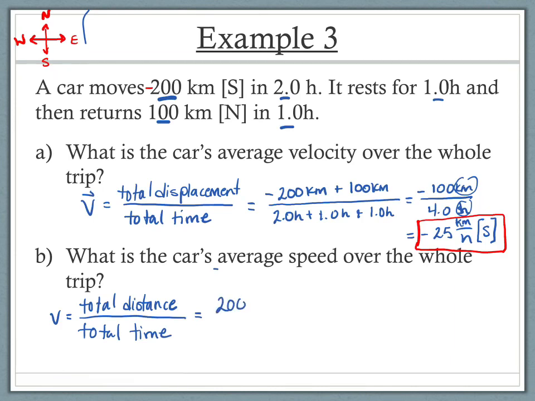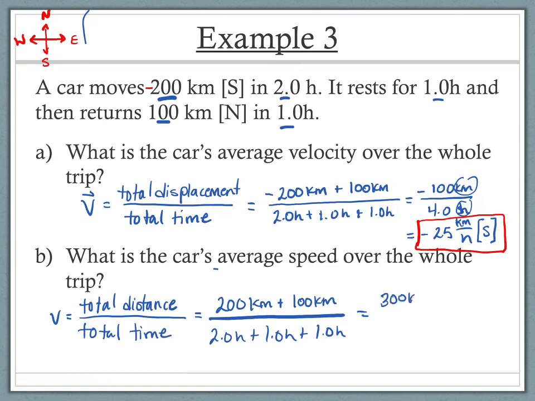I don't care about directions. So I know it goes 200 kilometers and then it goes 100 kilometers. What's the total time it took? Again, it was 2.0 hours plus 1.0 hours plus 1.0 hours. Yes, you can just put 4 hours there if you already want to add them together.